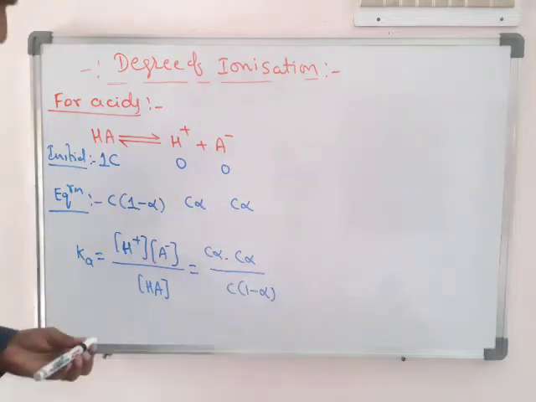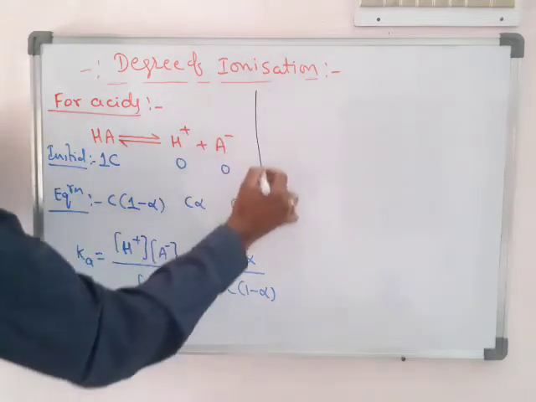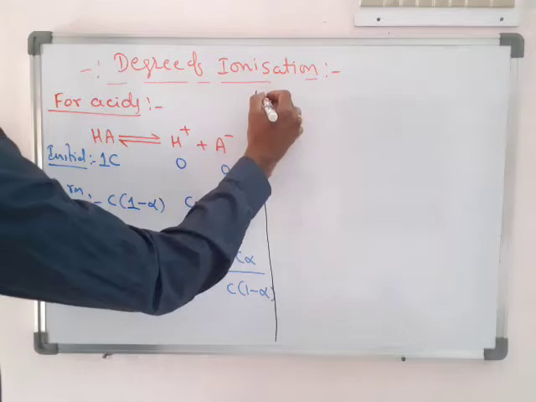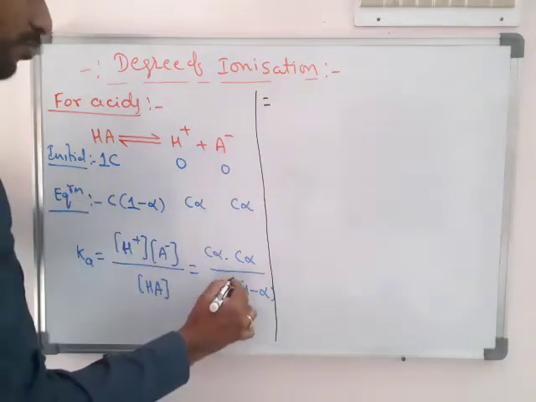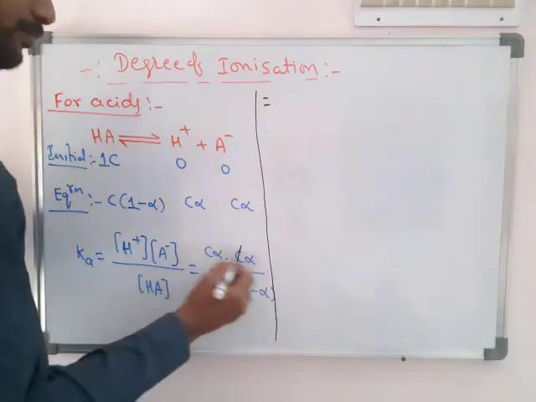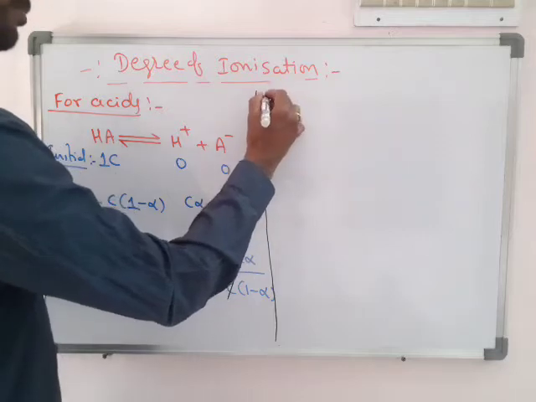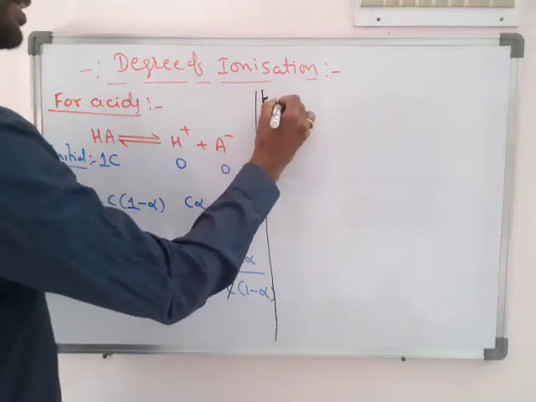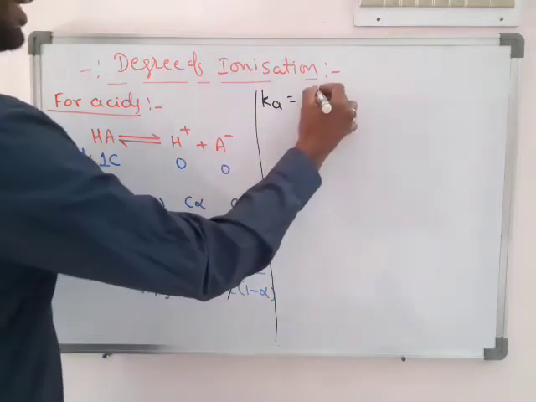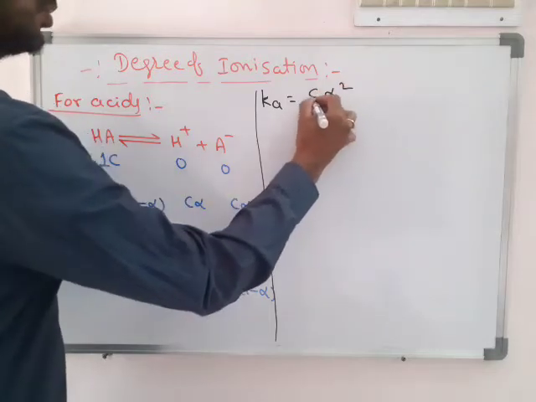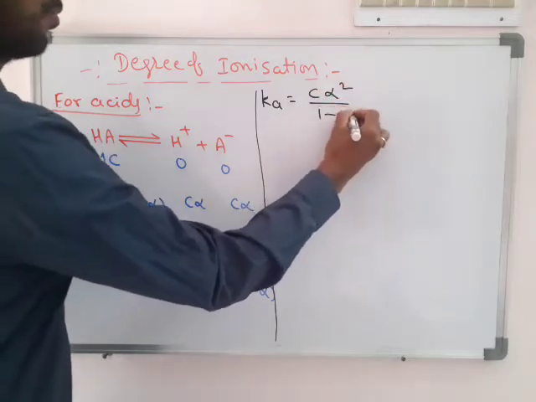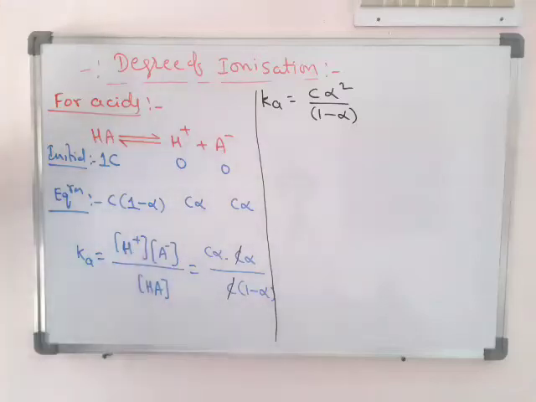On the next step, one C gets cancelled, and we get the acid dissociation constant Ka is equal to C into alpha square by 1 minus alpha.